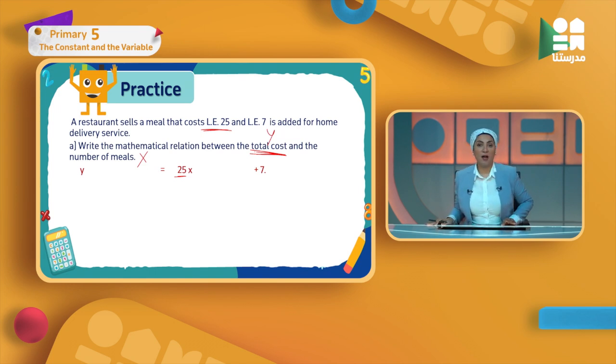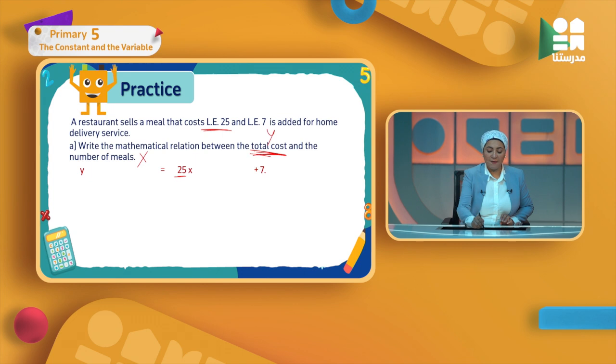It's the price of one meal. It's constant. And the x is a variable, because it differs by the number of meals. This is the number of meals sold. So the price or the value or the cost changes according to the number of meals. Okay? And the price of one meal is 25 LE.